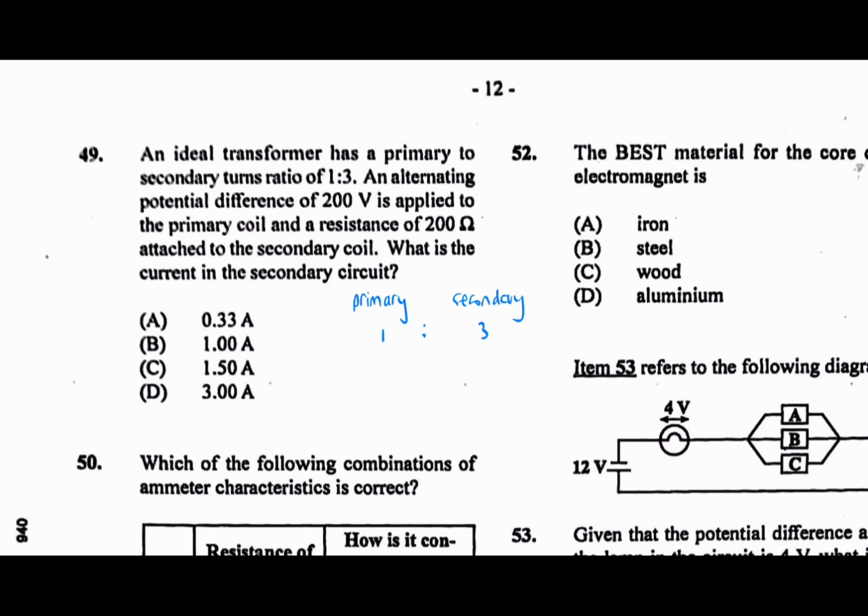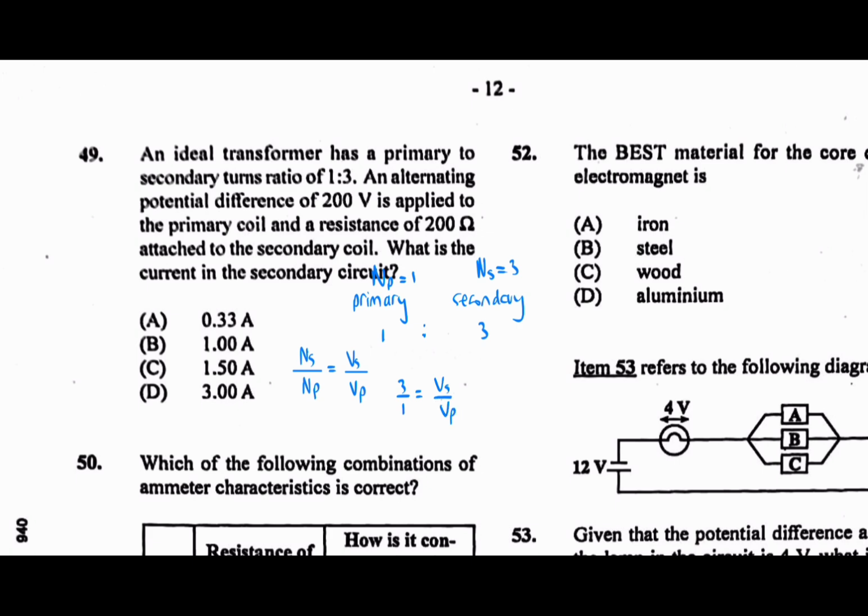So I just want you all to remember this formula: Ns over Np is equal to Vs over Vp. In this instance, the number of turns in the secondary we could take as 3, and the number of turns in the primary as 1. So 3 over 1 is equal to Vs over Vp.